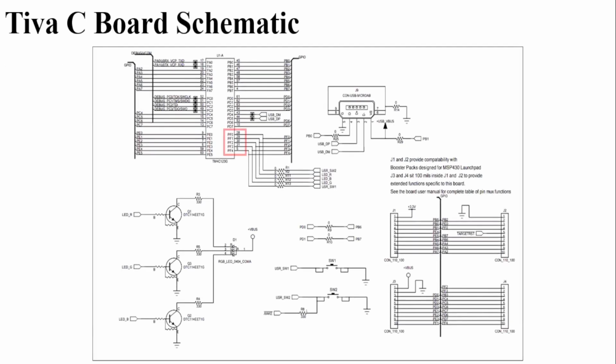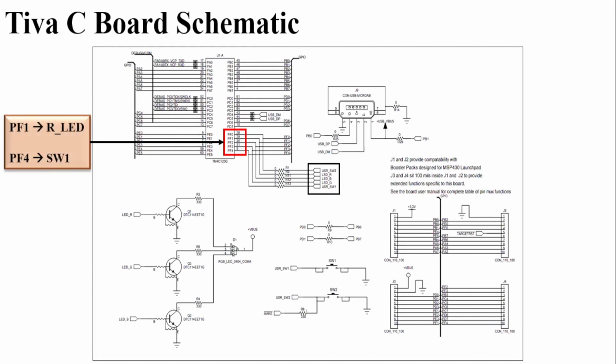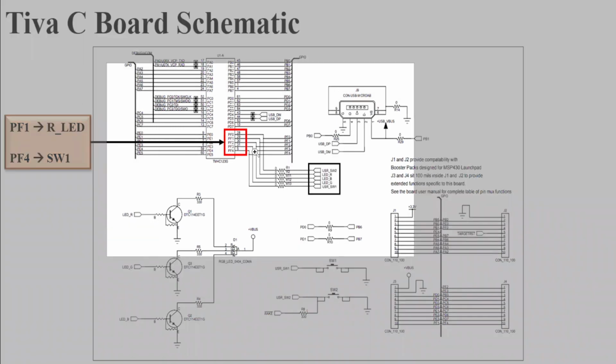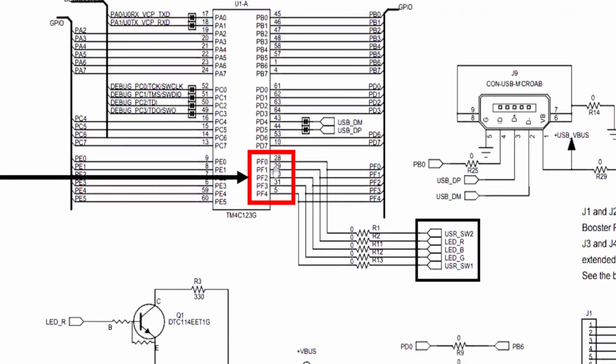Before going to the program, we must know how the LEDs and switches are connected. Here we can see the LEDs are connected at port F: PF0 is switch number 2, PF1 is the red LED, PF2 is the blue LED, PF3 is the green LED, and PF4 is switch number 1.